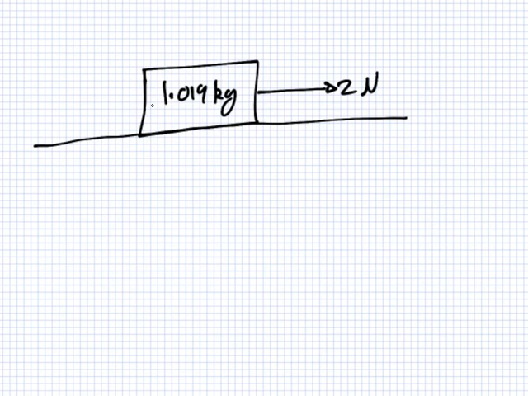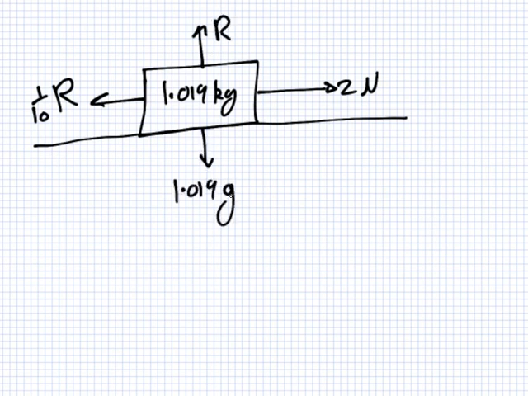The friction force is equal to 1/10 the reaction force, and the reaction force will equal the weight, which will equal 10 newtons, right? No, 10 newtons for the weight. The weight is 10.